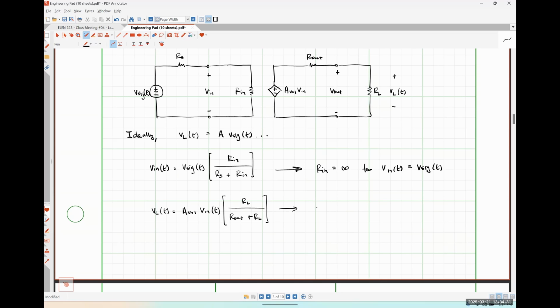So in our ideal case, we need R out to be 0 ohms for VL to be equal to AVOL times VN.